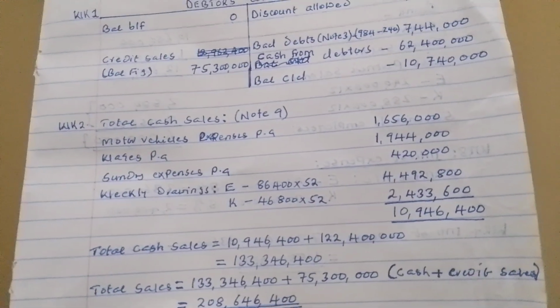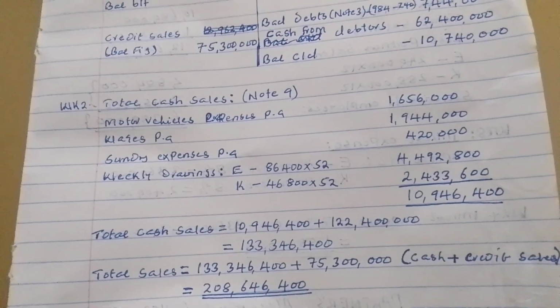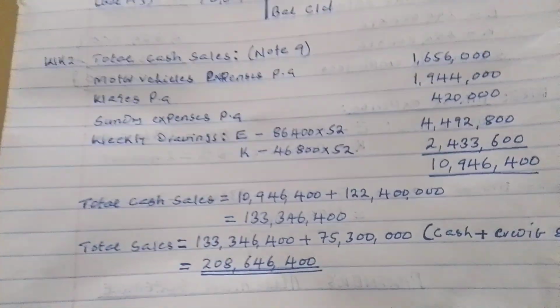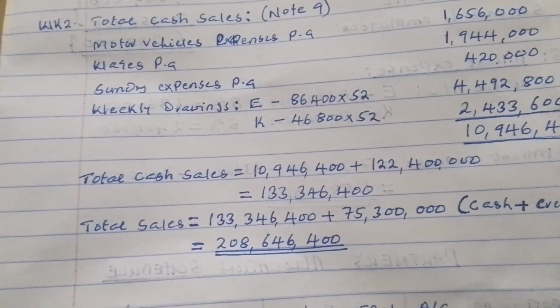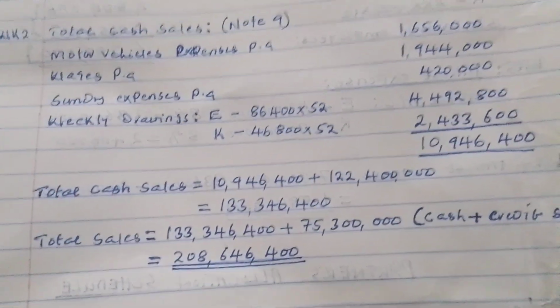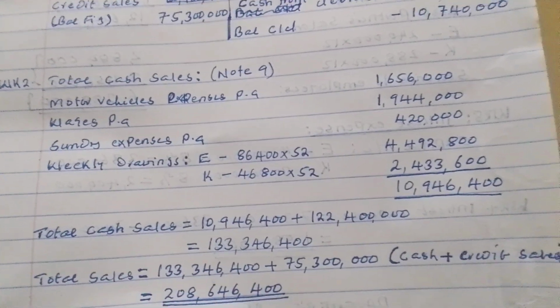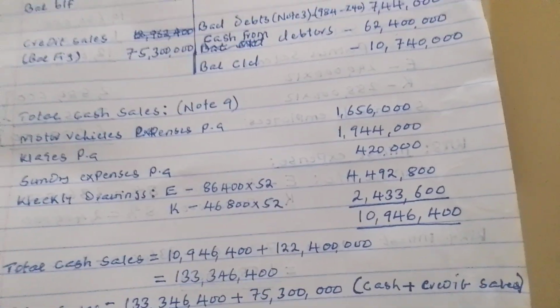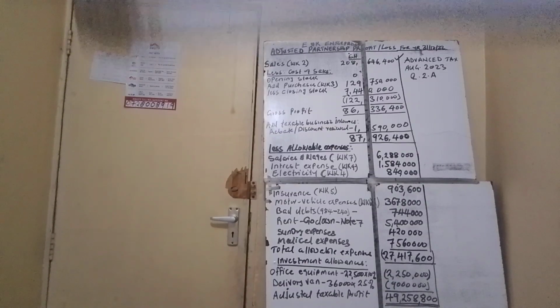So note working number 2, up to 10,946,400, and you look at note number 9. Now once you have your working number 2, note number 9, you can see what I'm trying to say.